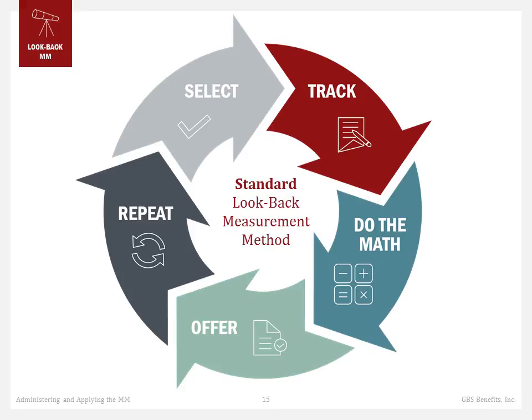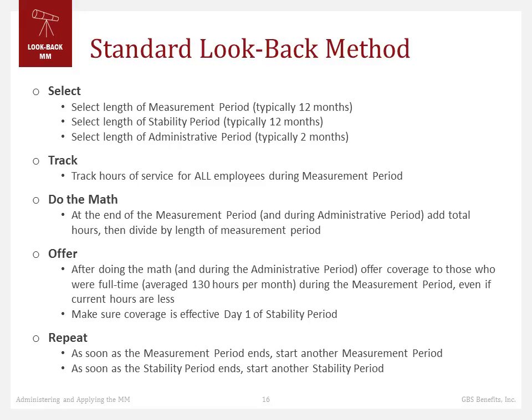So here's the process. First of all, we're going to talk about the standard look-back, and then we're going to talk about the initial look-back. And again, this is going to be much briefer than the detail we go into in Part 1. So for the standard, we select, we track, we do the math, we offer, and we repeat. The standard look-back review of all those 5 steps. Select. You're going to select the length of your measurement period, typically 12 months.